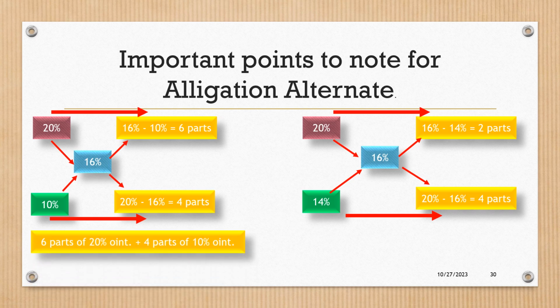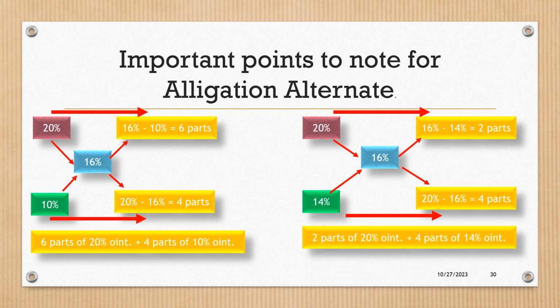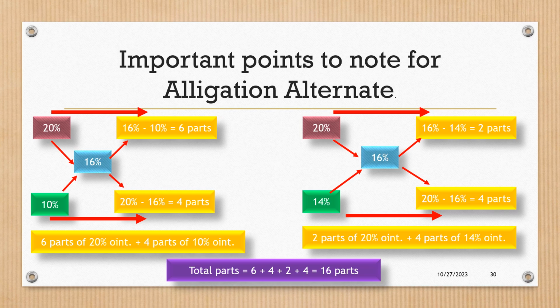Now, in terms of what is happening here, from part A, we had 6 parts of 20% ointment and 4 parts of 10% ointment. And then from the second part, we had 2 parts of your 20% ointment and 4 parts of your 14%. You must add up all of these to give you the total number of parts.